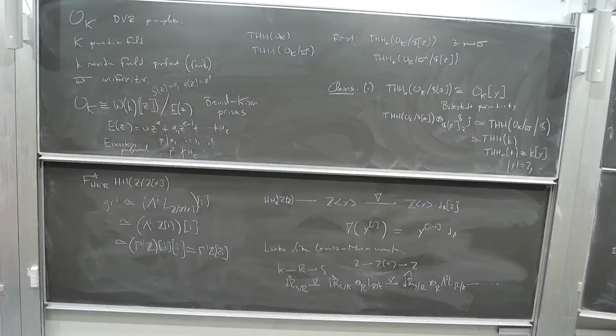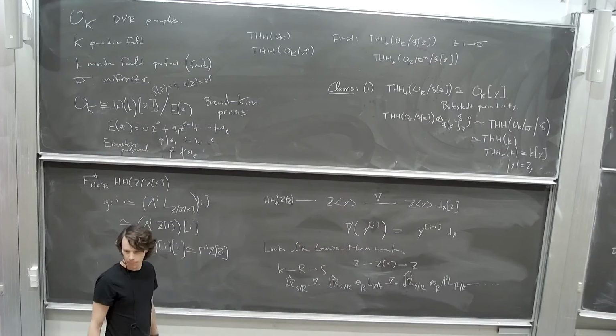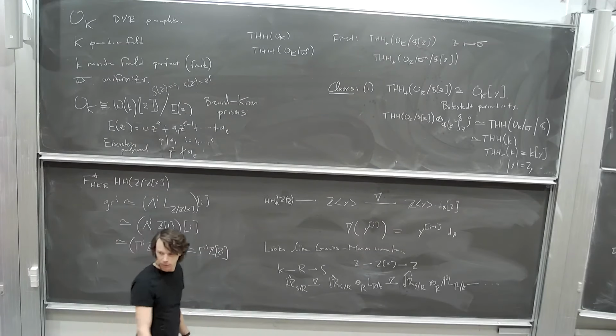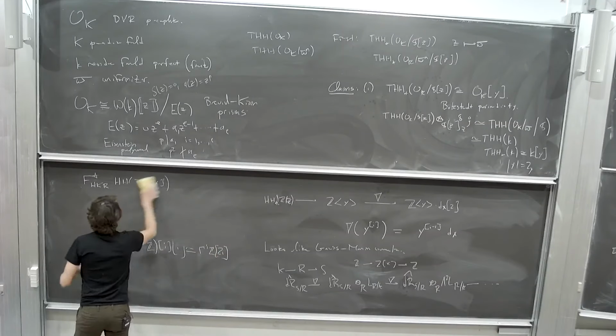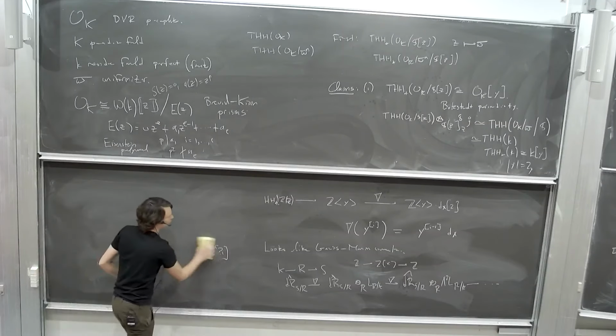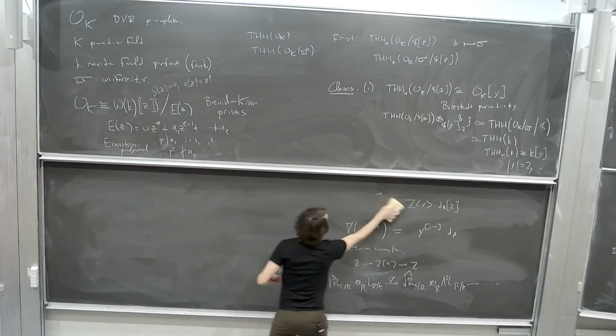Okay, yeah, so let's p-complete THH everywhere. Otherwise, no, pi 1 is the units. Yeah. Sounds good.